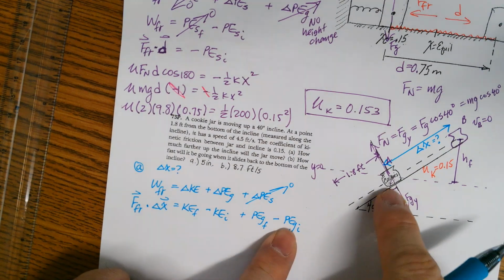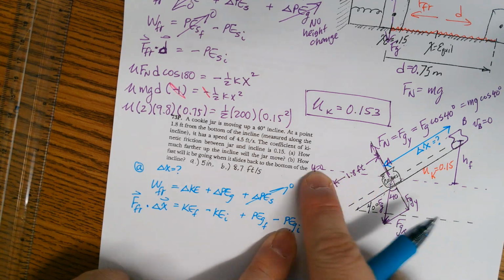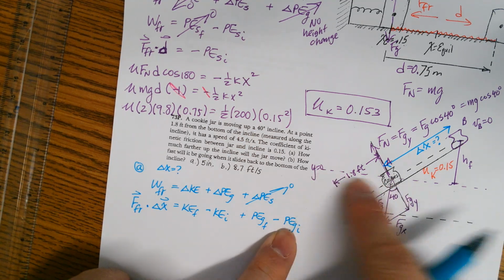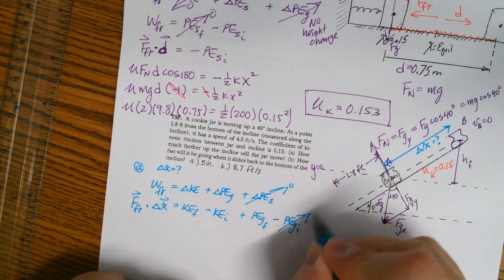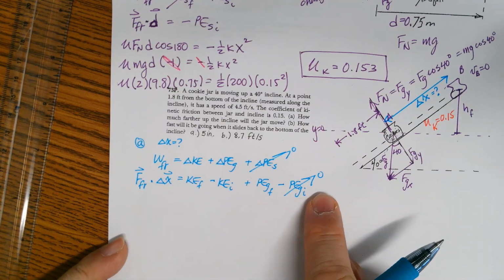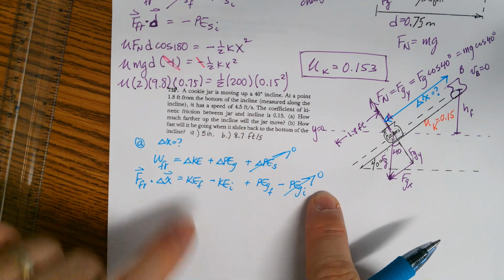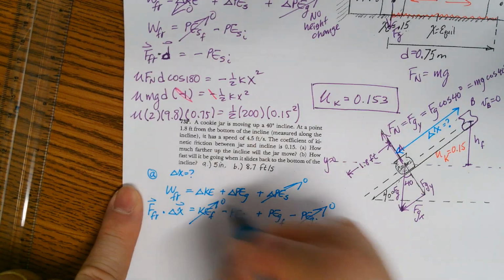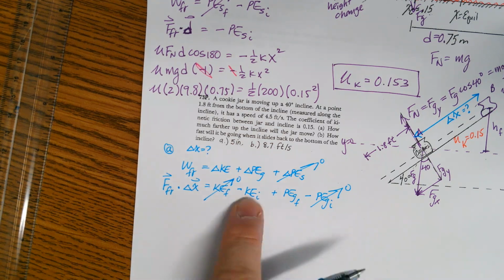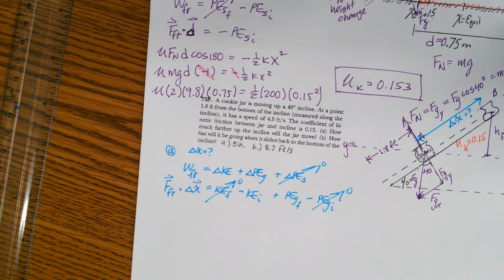We know initial potential energy is 0 because my y is 0 at this point, and I made that my 0. At final, when it reaches the top, the speed is 0, so I have no kinetic energy at the top. So I only have these two remaining.